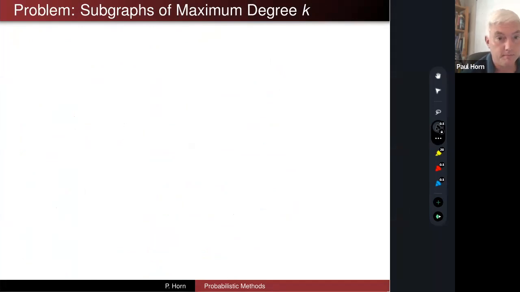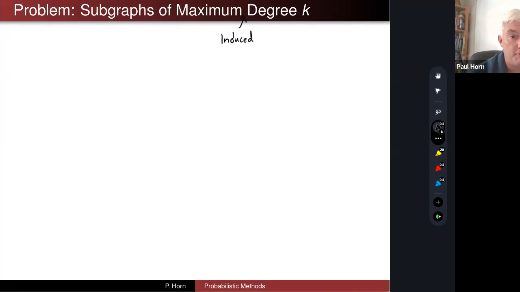So an independent set is a subgraph of maximum, here I mean induced, degree 0. An independent set is a subgraph with the maximum induced degree of 0.